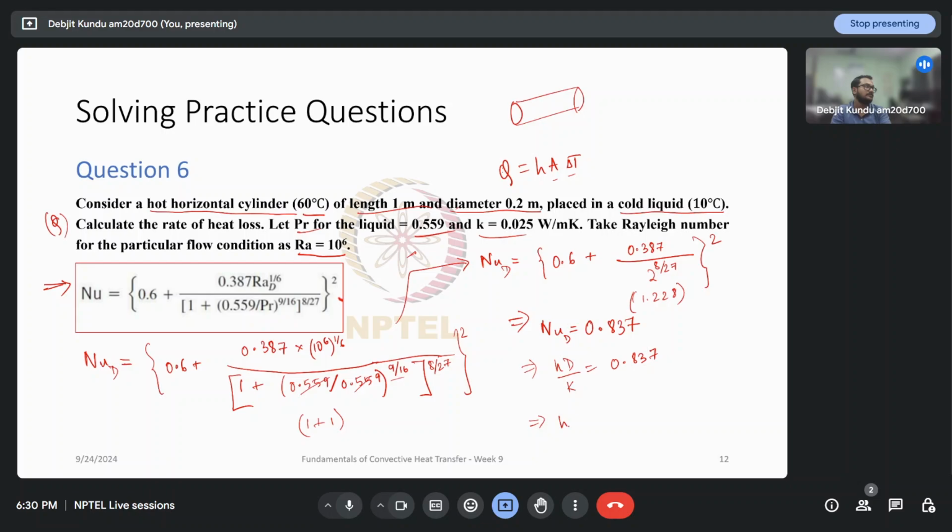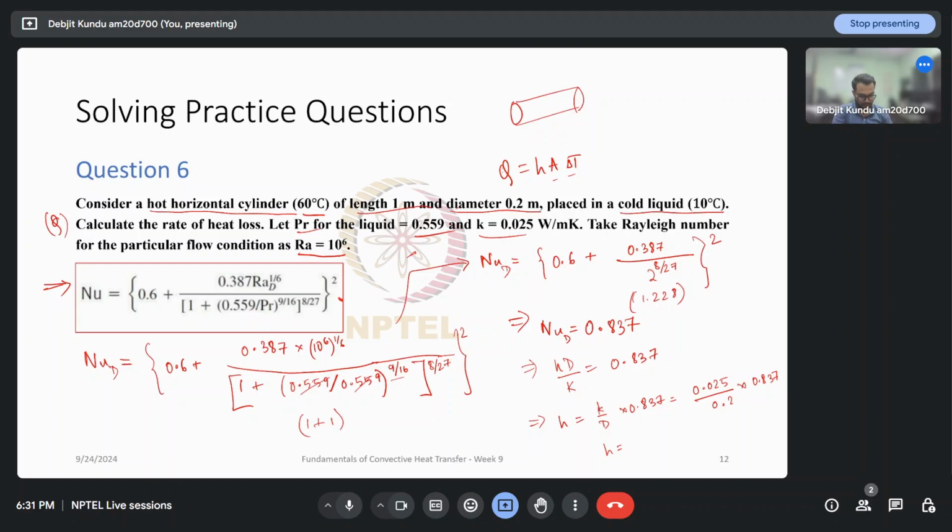Now h will be k by D into 0.837. k I know to be 0.025. D is 0.2. I'll simply plug these numbers in and get h.